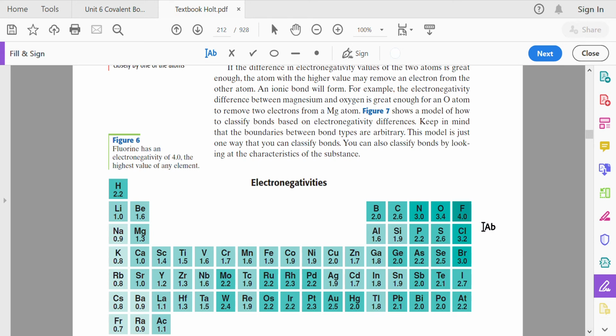That means it has the highest ability to attract outer electrons. Francium, on the lower left side, has the lowest electronegativity at 0.7. So the general trend is for the electronegativity, the ability of elements to attract electrons, to increase to the right and up.